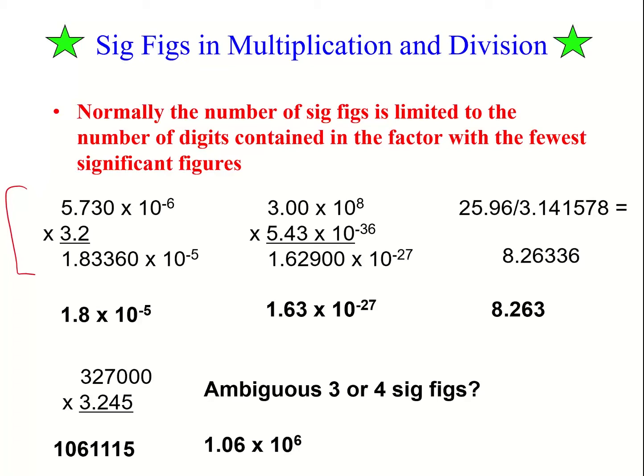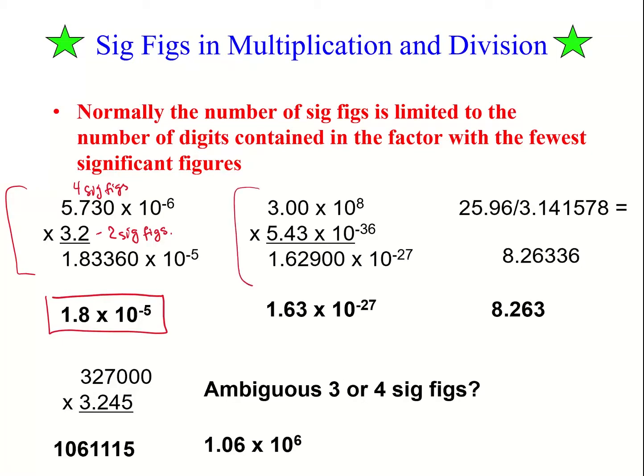The first one contains 4 sig figs, since all the zeros shown after the decimal point are significant, and my second number contains only 2 sig figs. So my answer should have only 2 significant figures, otherwise it would be more precise than 3.2. So we round the answer to 1.8 times 10 to the negative 5th.